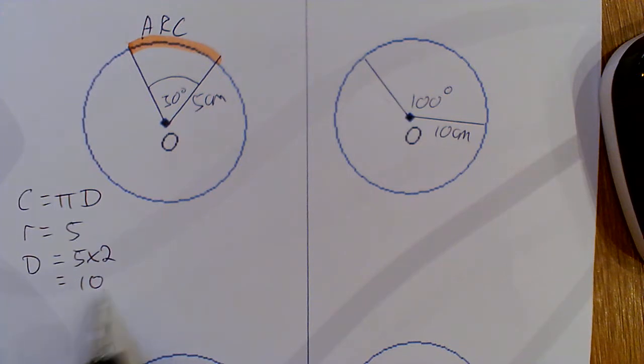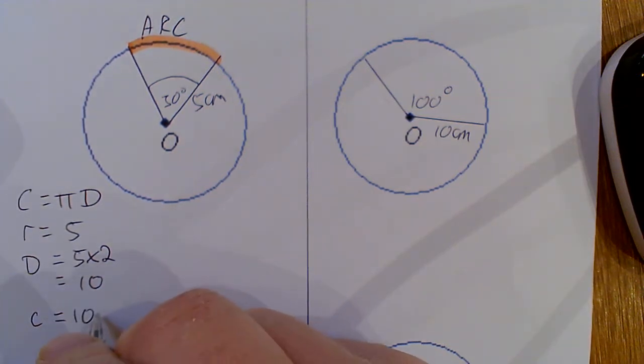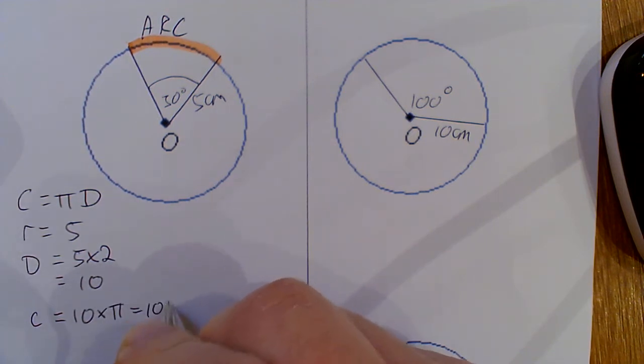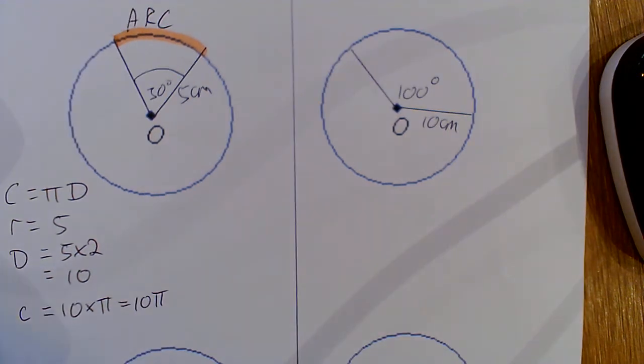Once I know the diameter, I can work out the circumference. It's 10 multiplied by pi. So again, like we said earlier on, 10 pi if you're not asked for it exactly. If you are asked for it exactly, you're just going to do 10 times pi on your calculator, and you'll get 31.4.